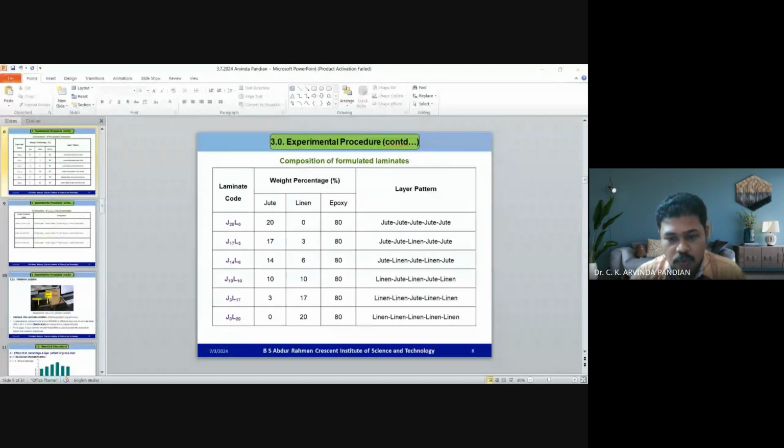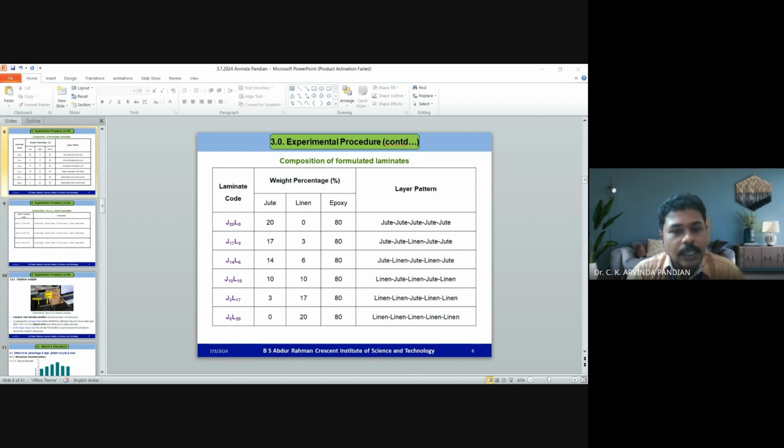In the last one, you can find there are only linen fabrics, and there is no jute. So these are the different combinations fabricated with different weight percentages. In the best optimal laminate, the fumed silica has been added in different weight fractions from 1 to 3. The optimal laminate is determined by different property studies, and the vibration study has been carried out.